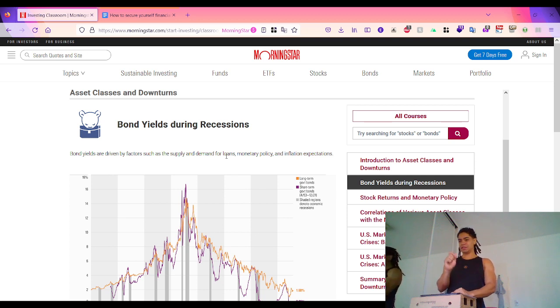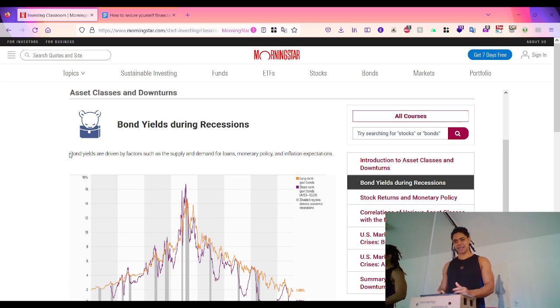So bond yields are driven by factors such as supply and demand for loans, these loanable fund markets, when buyers and sellers, or savers and borrowers, lend money to each other with interest rates reflecting loans of varying time and risk, monetary policy, and inflation expectations.